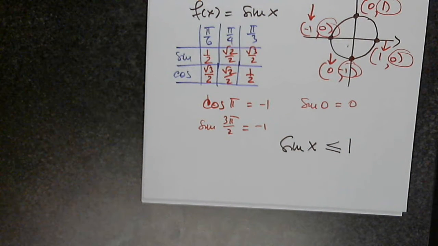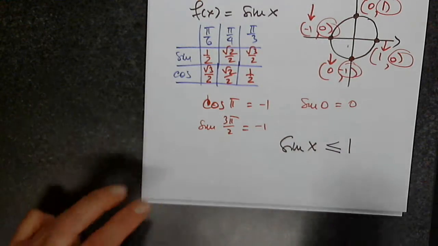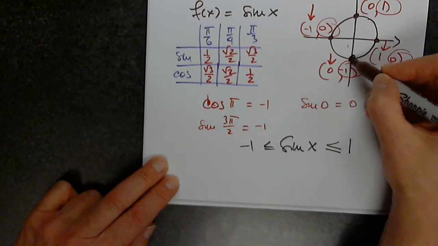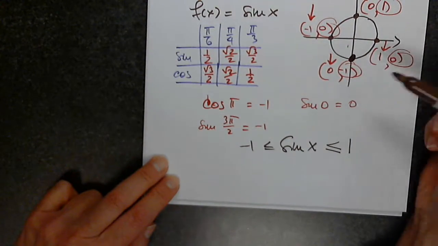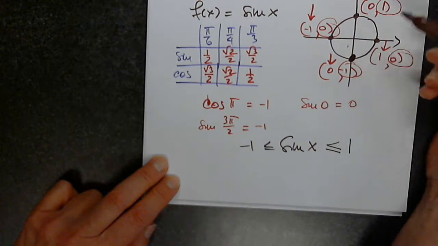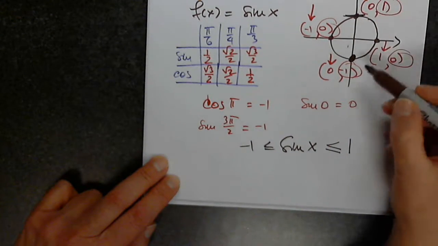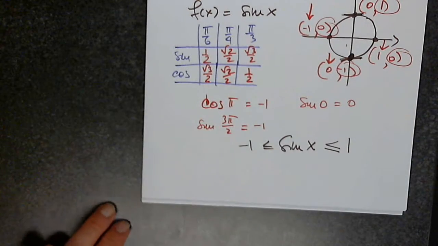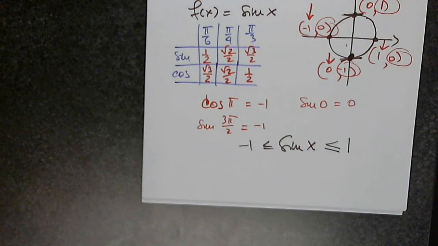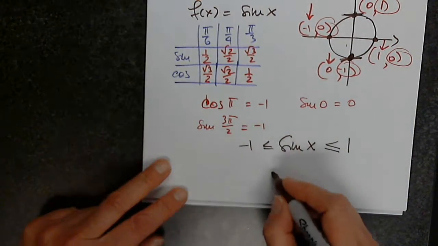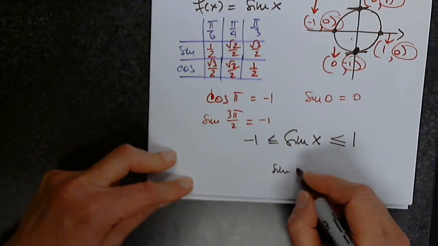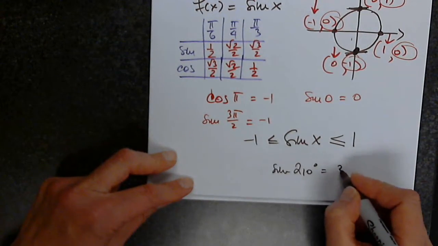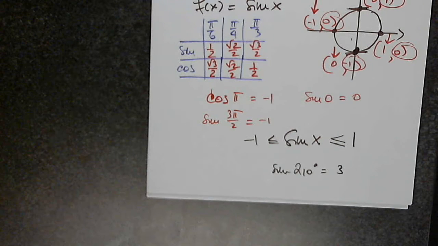What is the minimum possible sine for any angle you can think of? Of course. It's right here. Everything else is in between. So sine maximum is 1, sine minimum is -1. This is called a bounded function. So if somebody on a test says this, how many points should I give? None.